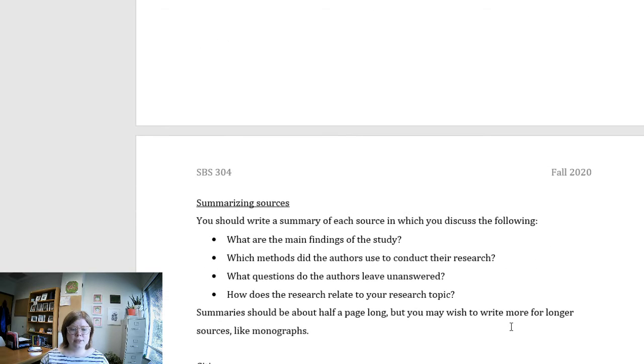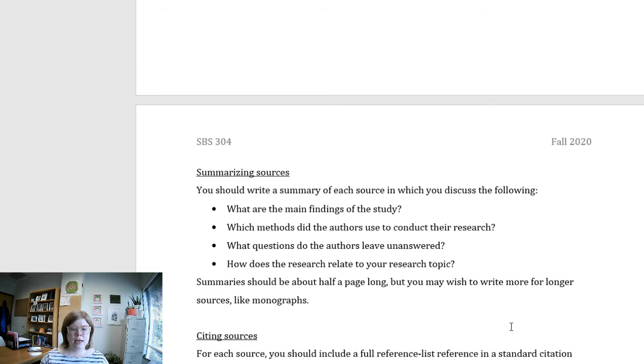So how are you going to summarize these articles? How you summarize them is largely up to you, but I mostly want you to focus on what are the main findings of the research, what are the methods the authors use to conduct the research, and what questions did the author leave unanswered.